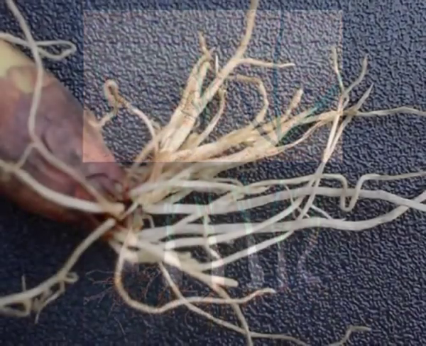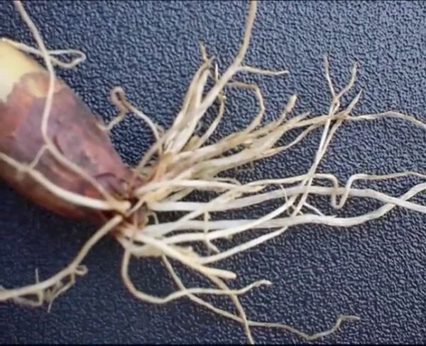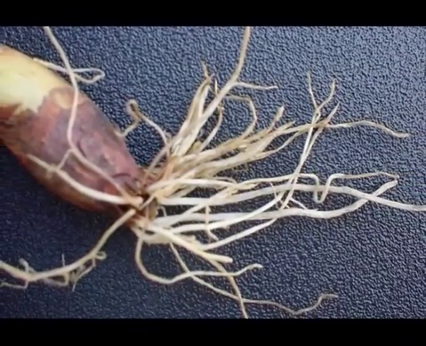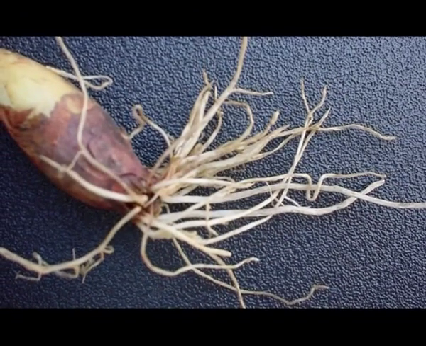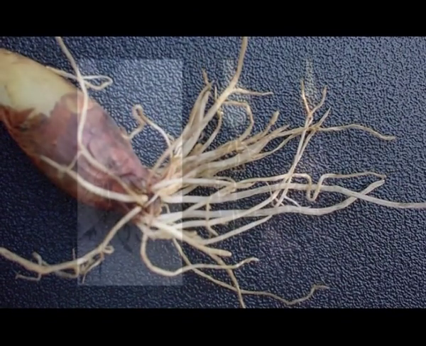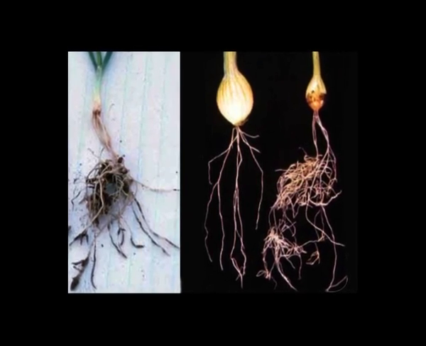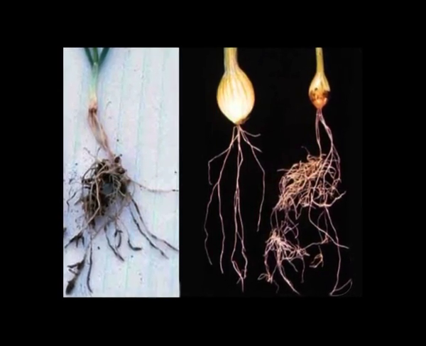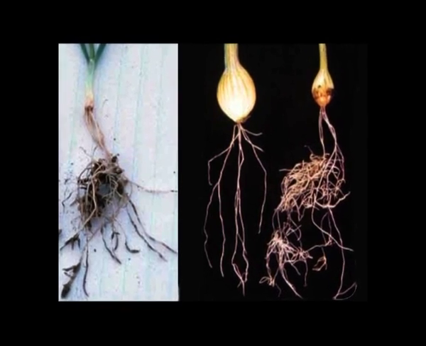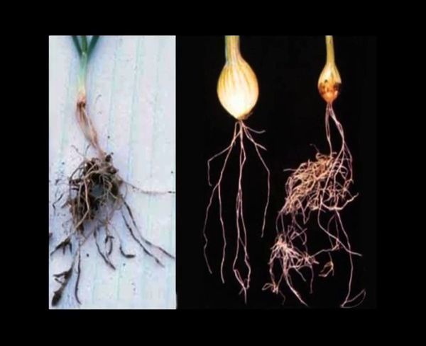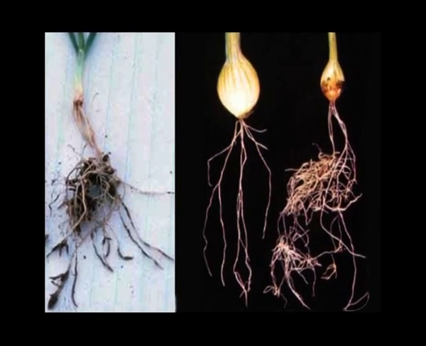However, nematodes are generally considered minor onion pests compared to fungal and bacterial pathogens. Plants infected with root knot nematodes have slow growth, reduced bulb enlargement, root proliferation, slight root galling, root deformity, and chlorotic leaves. So, this is about the diseases of onion and its management.